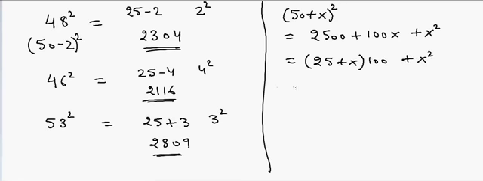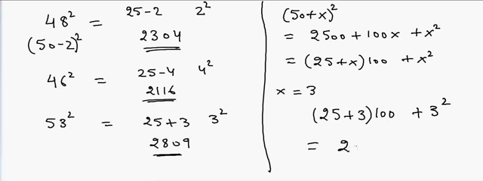Now you can see that if x is equal to 3, then I'm adding 25 plus 3, right, and then I'm adding 3 square, so the answer is equal to 2809. So this is how this trick works. It's based on a plus b whole square.